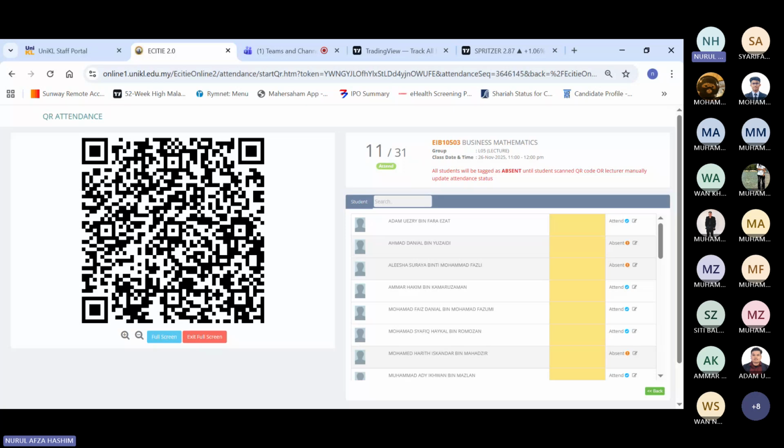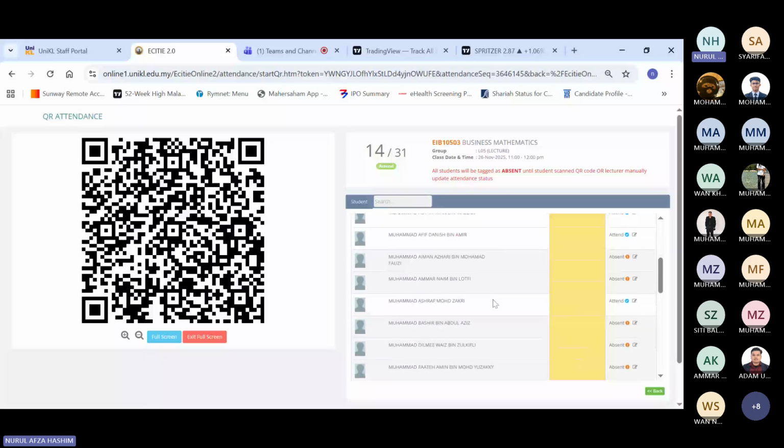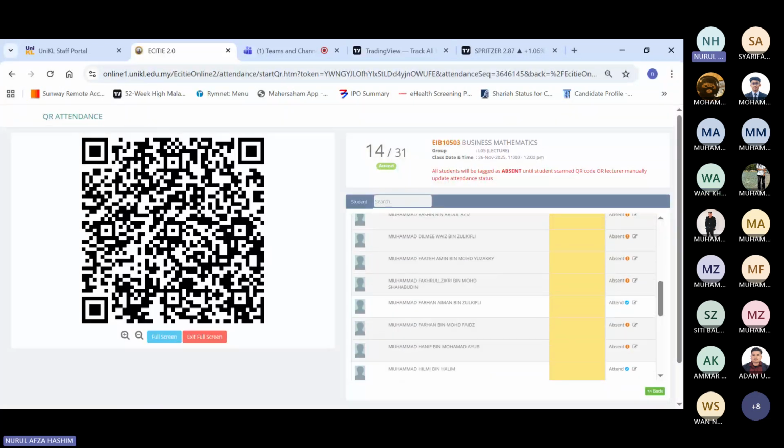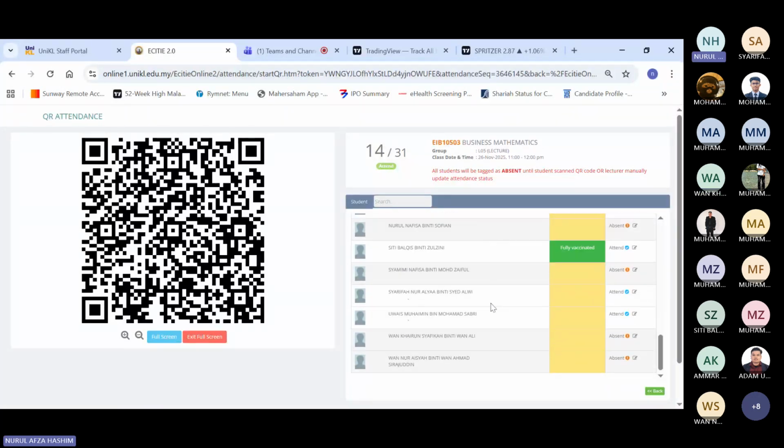You can put it on the table. Madam, can you take my name? Wan Khairun Shafika. This is strawberry. Thank you, madam. Oh, Shafika, not Alia, isn't it?